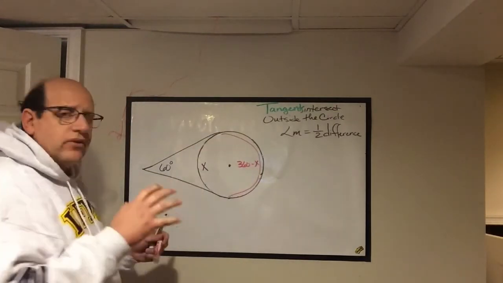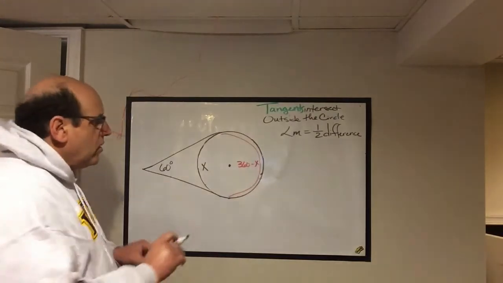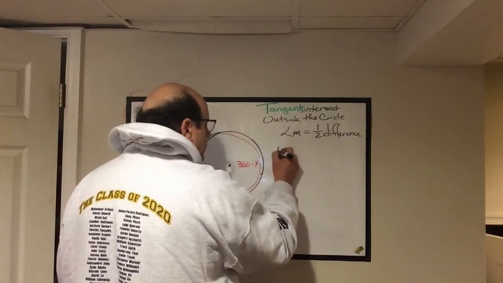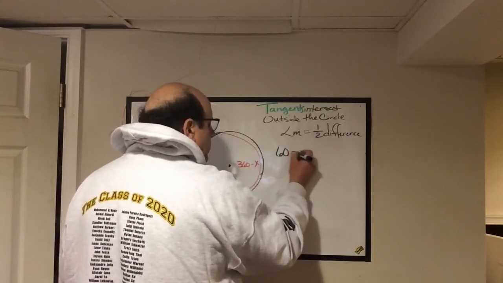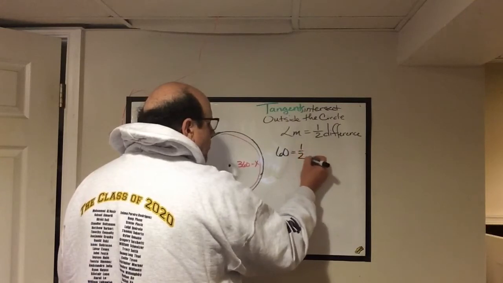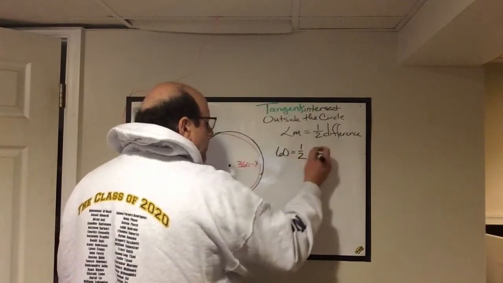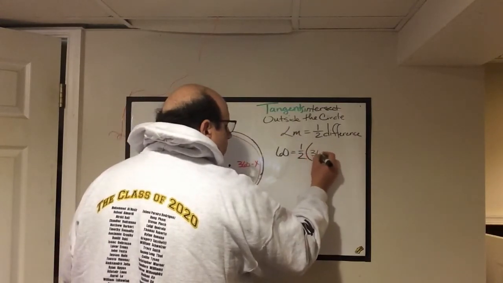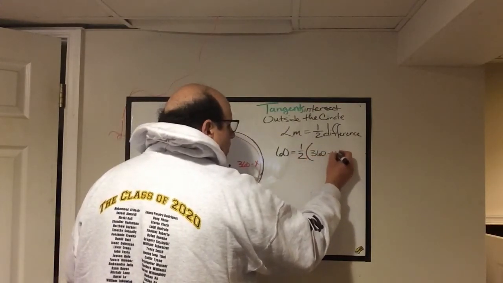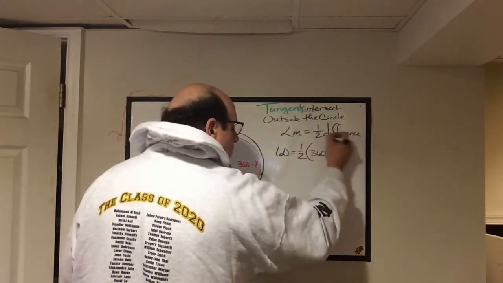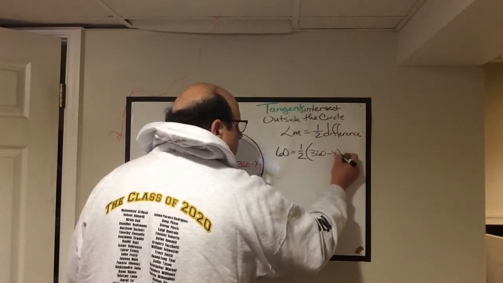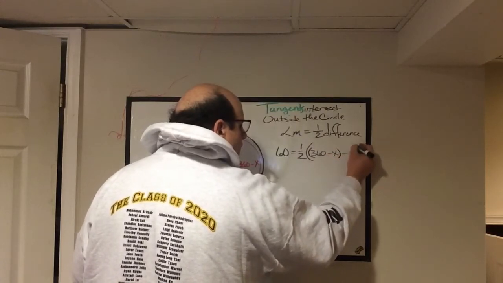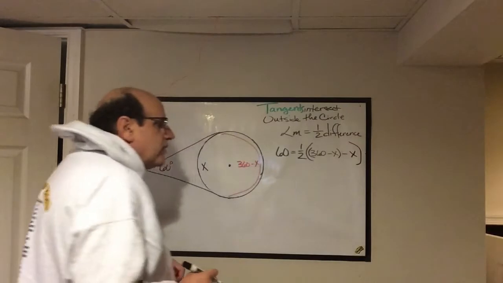So if we solve this, we can use the information that we already have. So I'm going to write out 60 is equal to 1/2, and here we have the big idea, right? We have our larger arc, 360 minus x, minus, because it's a difference, this is our one idea right here, minus x, and that's our big parentheses right there.